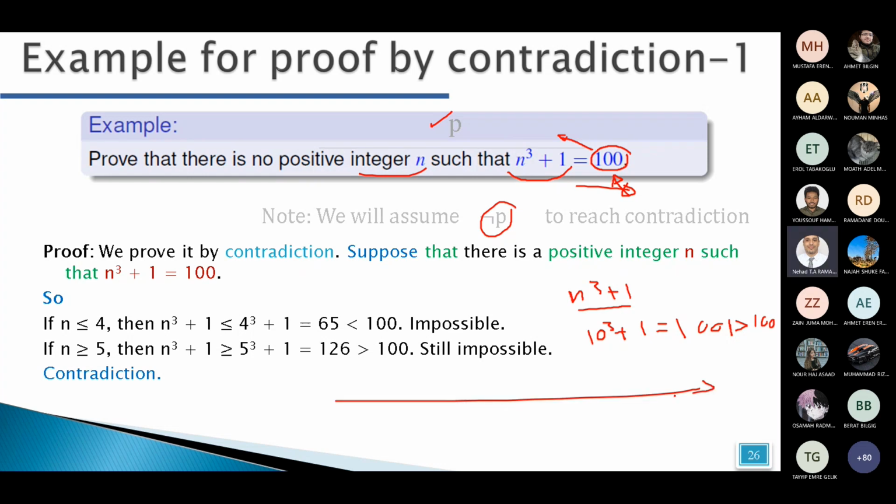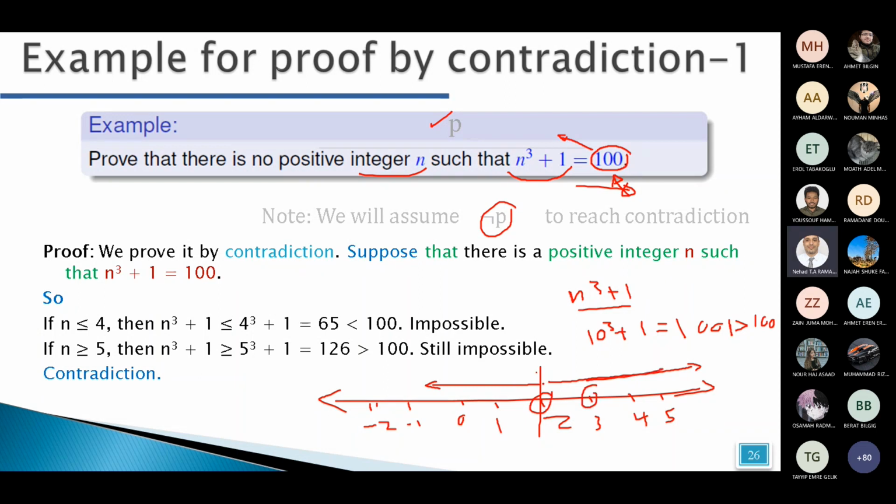Like this, n is an integer, so we will take all the integer numbers. How to take all the integers? We go to any place, for example, 0, 1, 2, 3, 4, 5, minus 1, minus 2. We prove that all the integer values less than this and all the integer values more than this cannot give us 100. How to prove it? We can take 2 and 3.